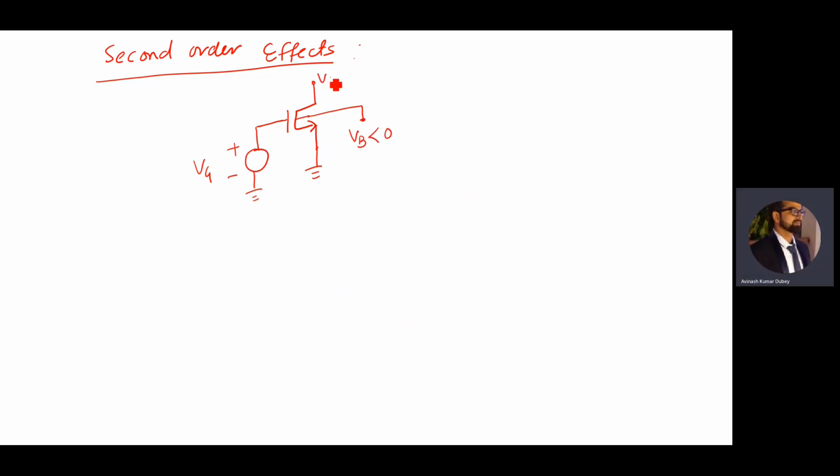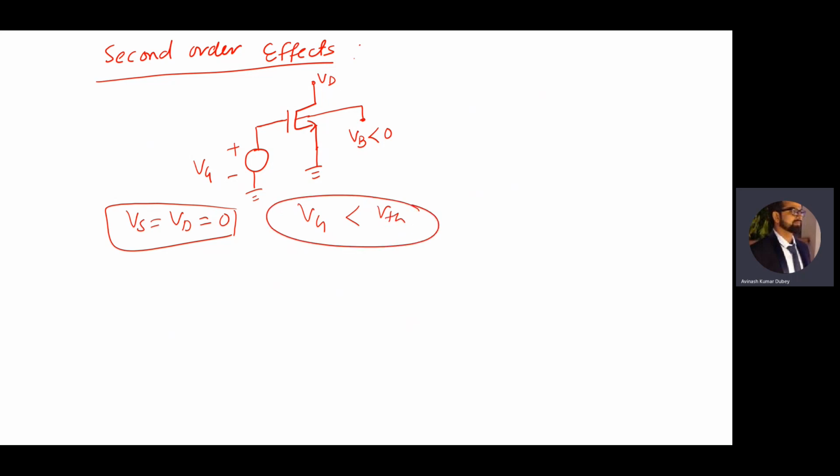And this is our drain terminal. First consider that Vs equals Vd equals 0, and Vg is somewhat less than Vth. This is our first consideration.